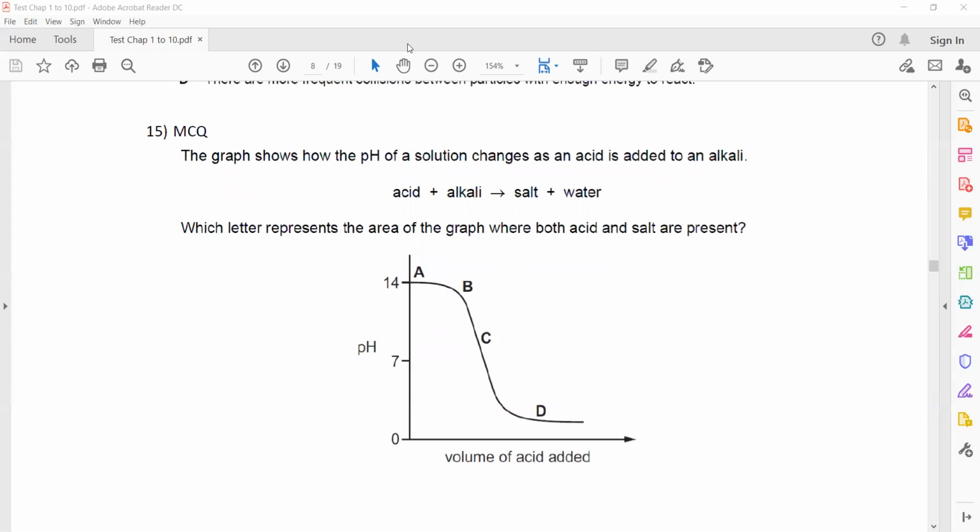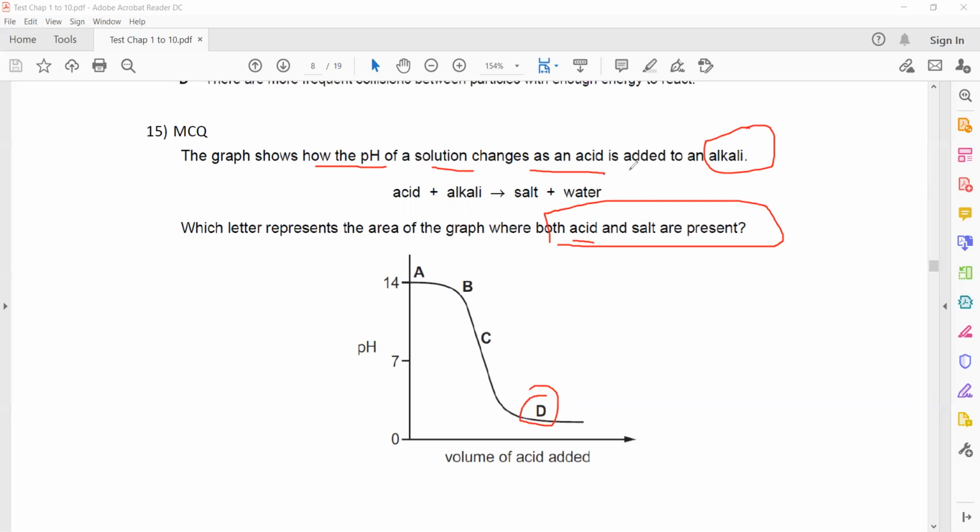In question 15, the graph shows how the pH of a solution changes as an acid is added to an alkali. So in the beginning you have alkali. Which letter represents the area of the graph when both acid and salt are present? So if acid and salt, the acid should have a pH less than 7. So what should be the right answer?